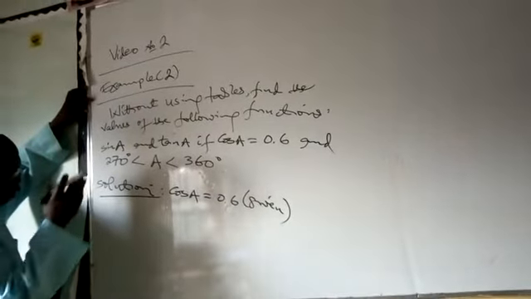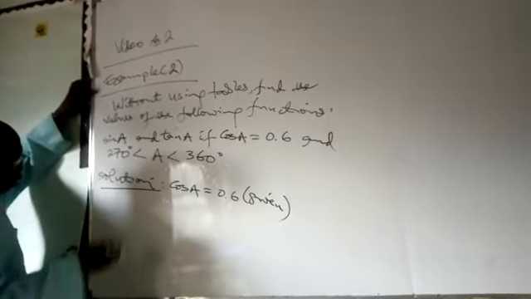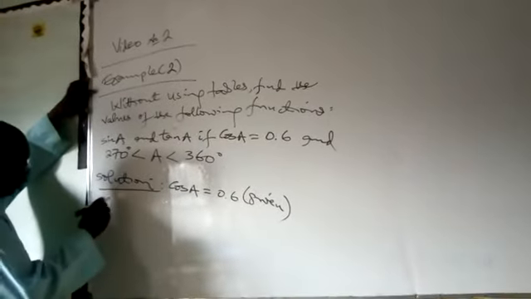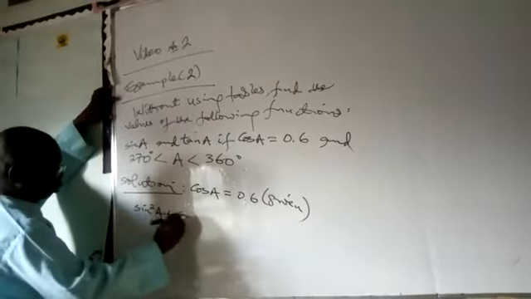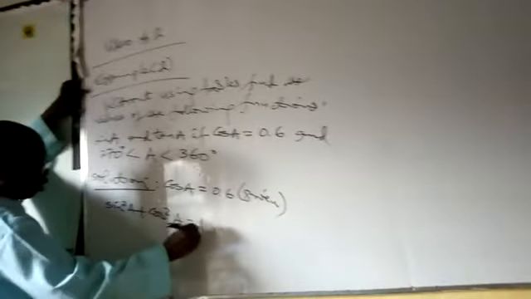The first formula may not work, where we have tan A is equal to sine A over cos A, because we'll be having two unknowns. So the second formula here will work: sine square A plus cos square A is equal to 1.